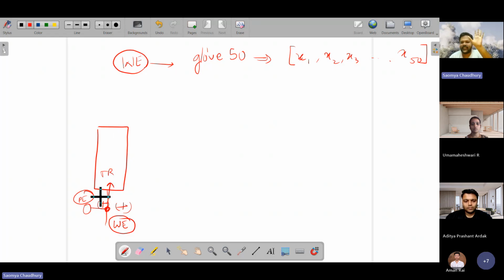You saw that diagram, right? You have 50 dimensions here.